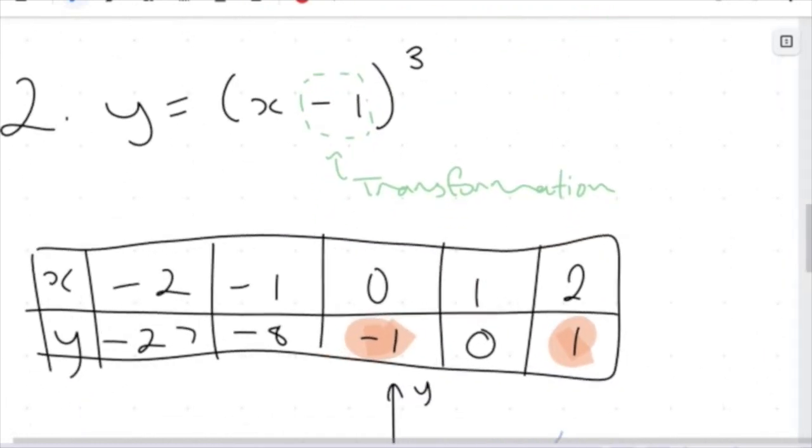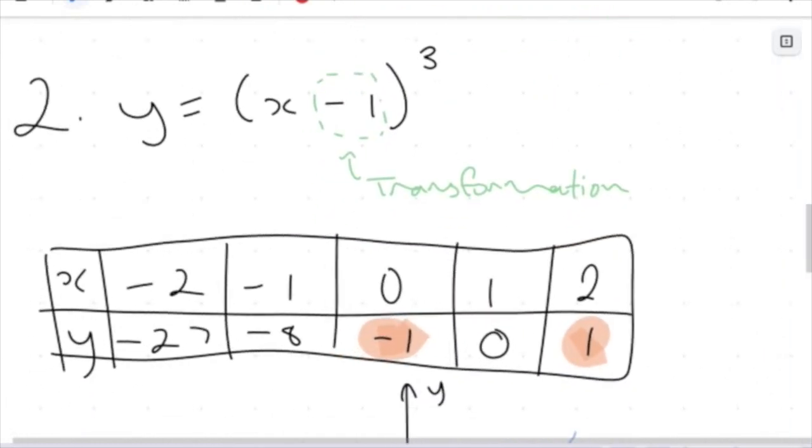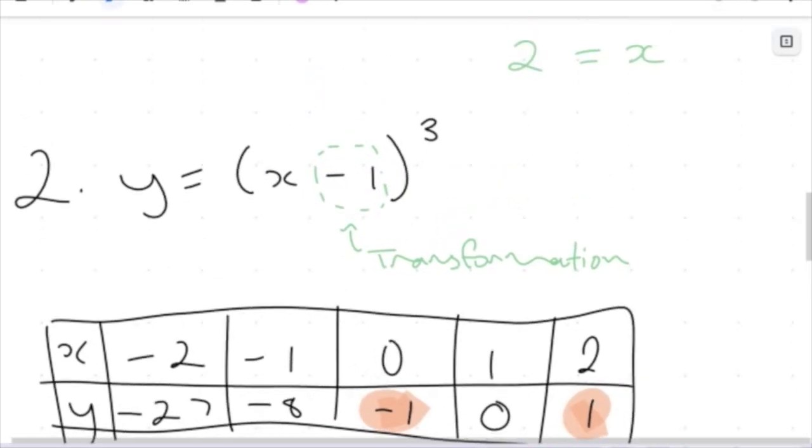And if we remember from when we did this for parabolas initially and some of our other functions, this is a horizontal translation because the number is acting on the x. And we talked about before that if this is negative, the thing gets shifted in the opposite direction.